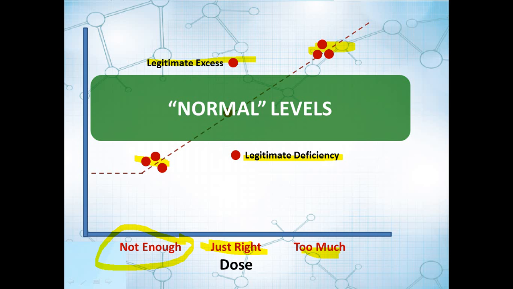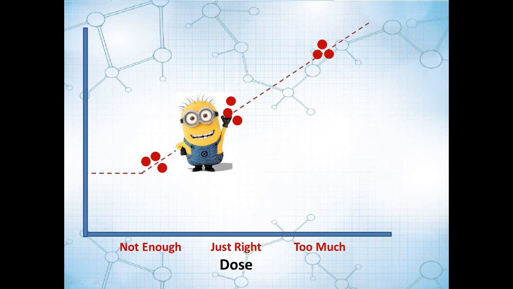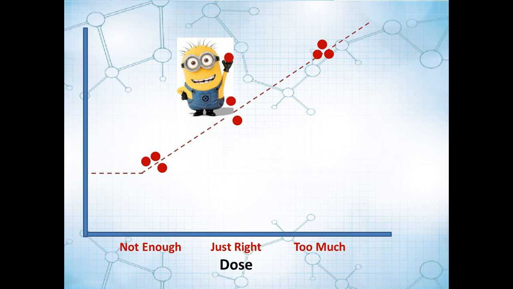The thing you have to watch out for, and this is a cutesy way of saying this, is what I call testing minions. A testing minion is anything that wreaks havoc on your ability to make sense of the testing value. So if something is introduced into this whole scenario that increases the lab value, and that's not representative of what's going on systemically and at the tissue level, that's not a good thing.